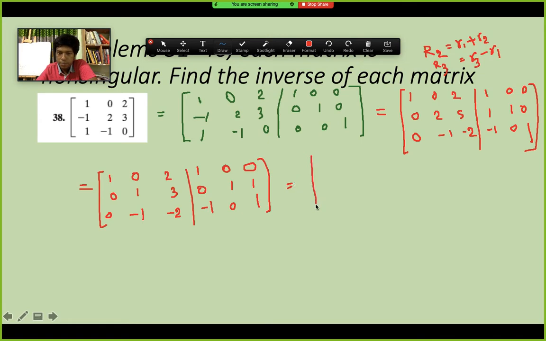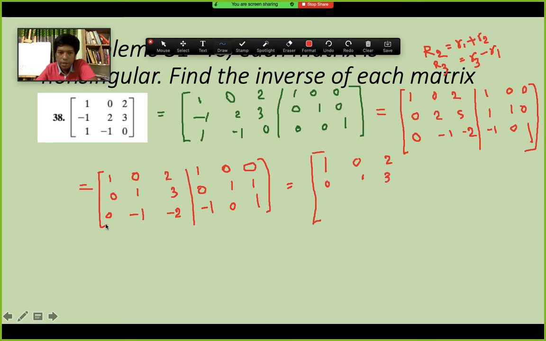So this is the thing. We still have this 2 here. We have to get rid of that 2. 0, 1, 3.